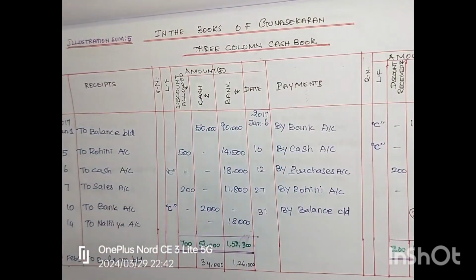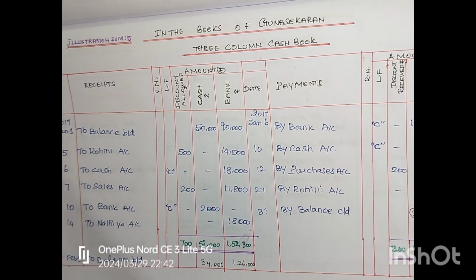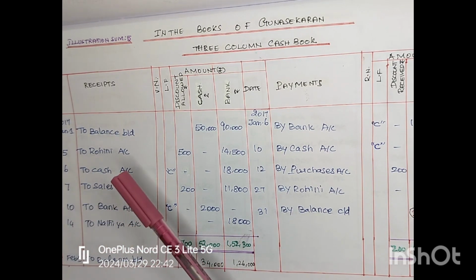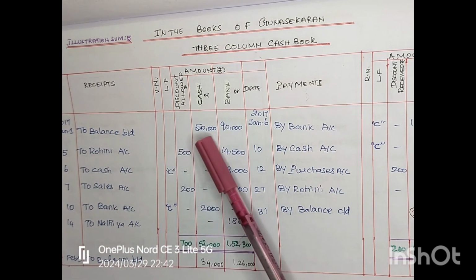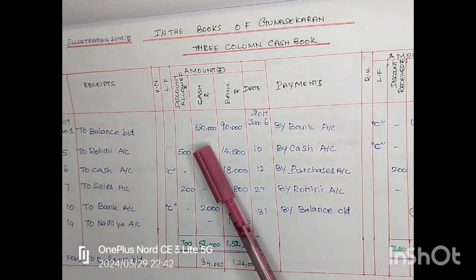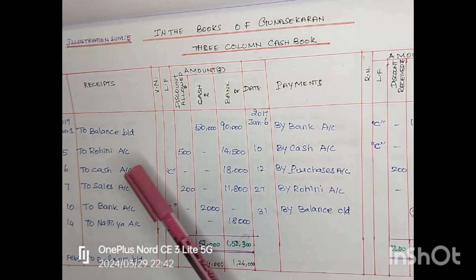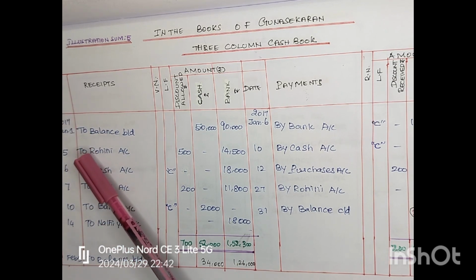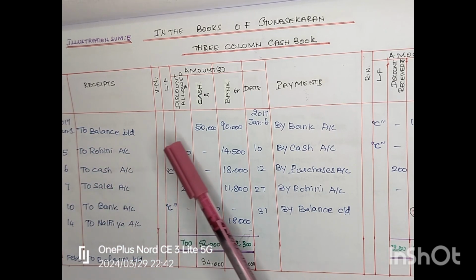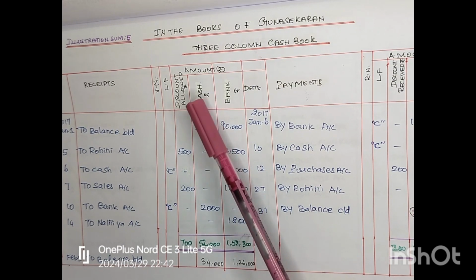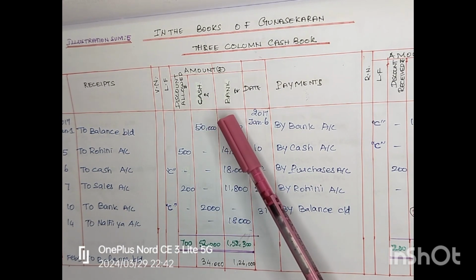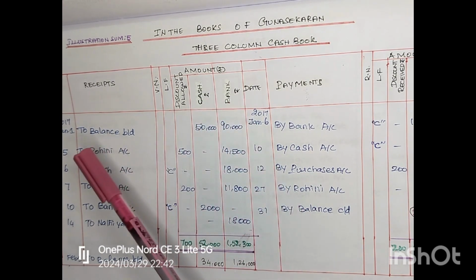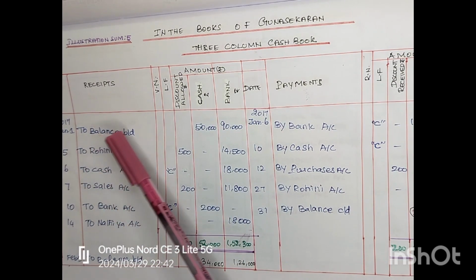We always debit the opening balance of cash and bank. So cash in hand and cash at bank, 50,000 and 90,000 rupees, will be entered on the debit side. So dated 2017 January 1, To Balance b/d, 50,000 rupees in the cash column and 90,000 rupees entered in the bank column. Balance b/d means opening balance.